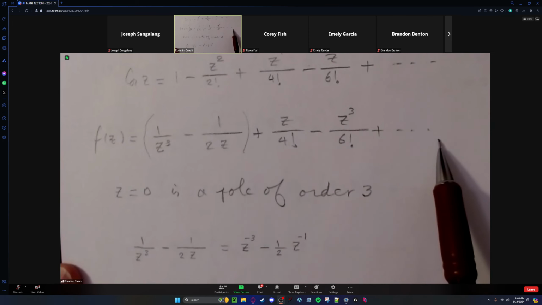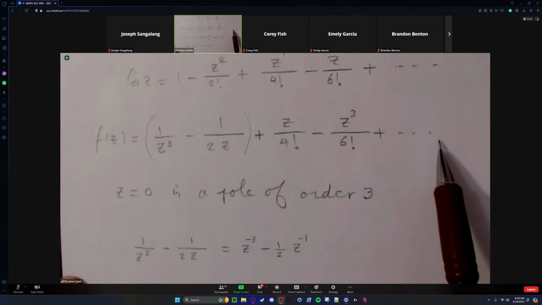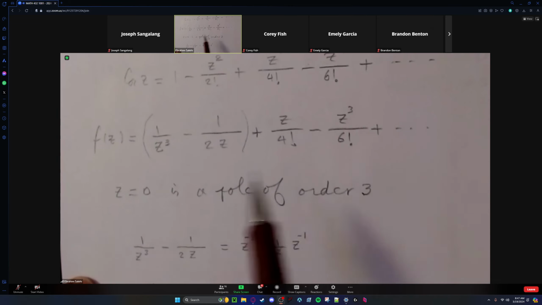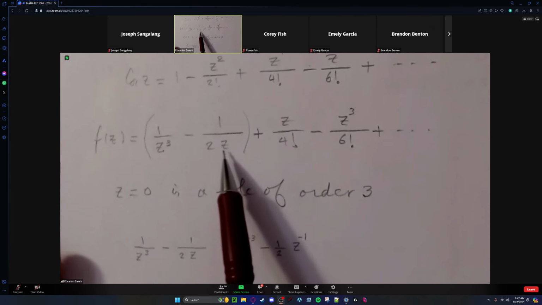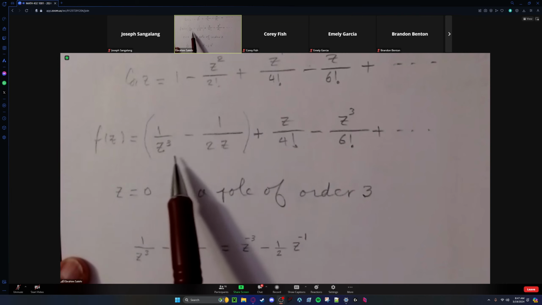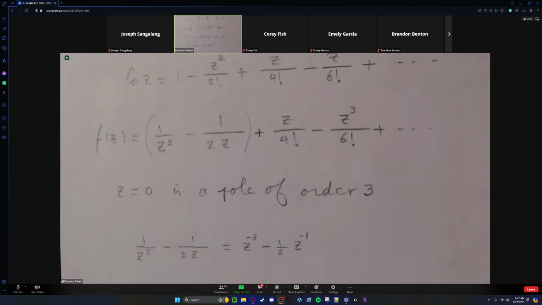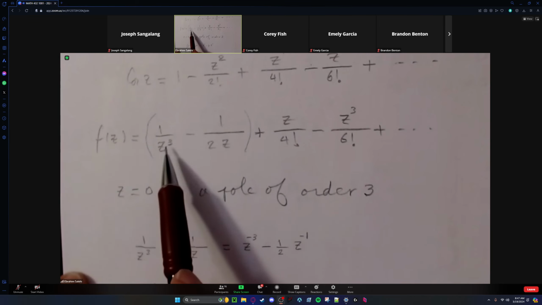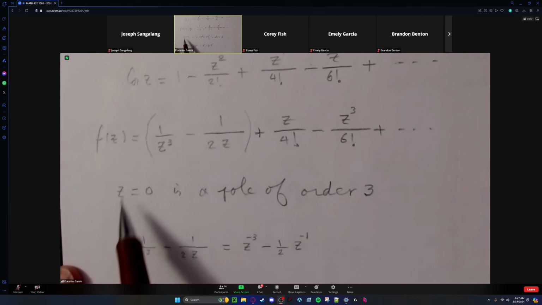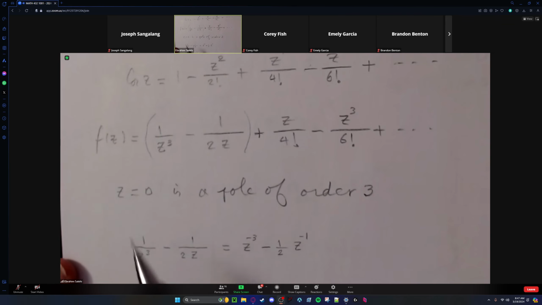So you look at those terms that z is in denominator. And the largest degree is the order of the pole. So the largest degree is 3. So it is a pole of order 3.